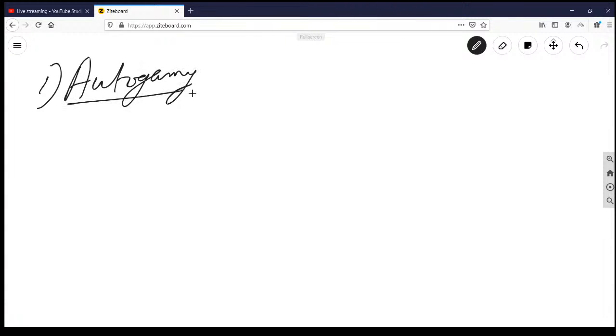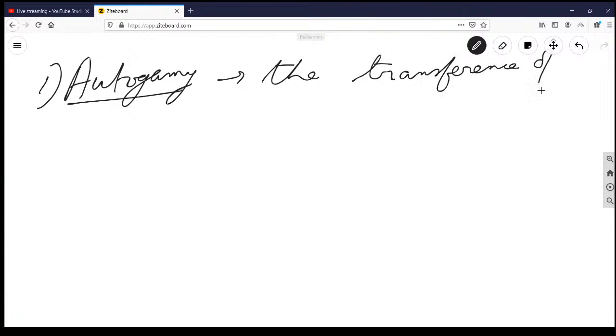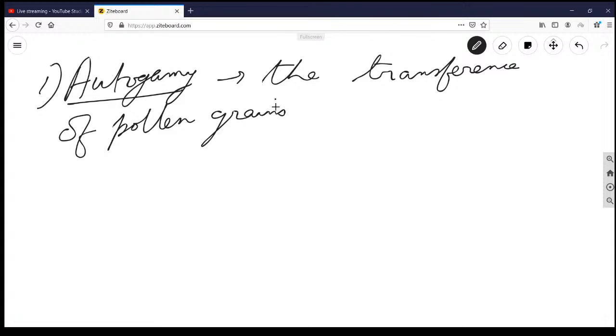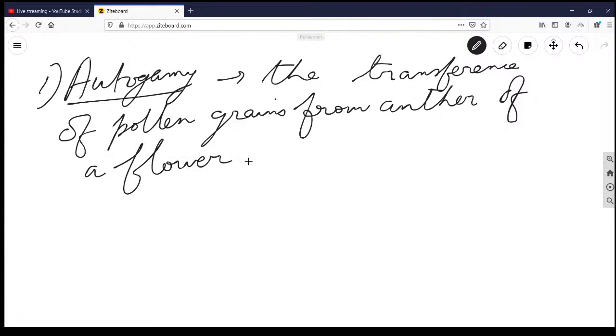Now once we talk about autogamy, it is the transference of pollen grains from anther of a flower to the stigma of the same flower.